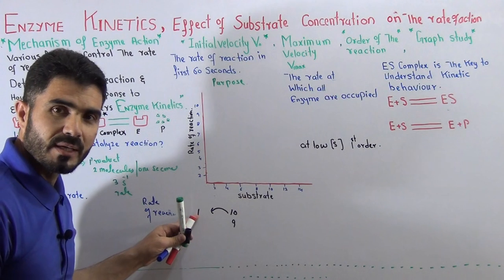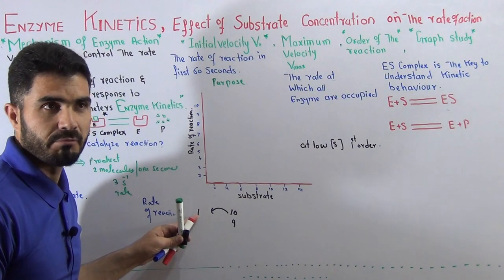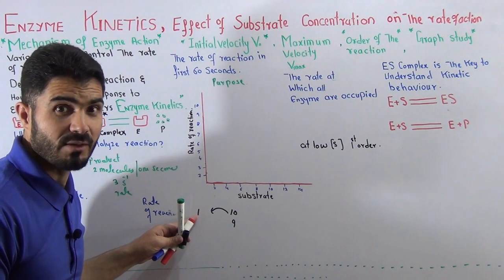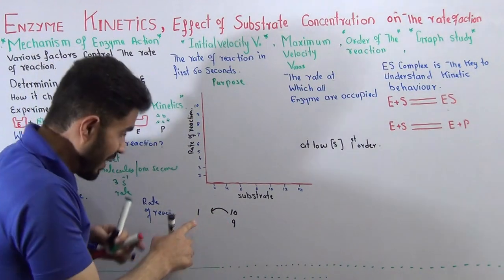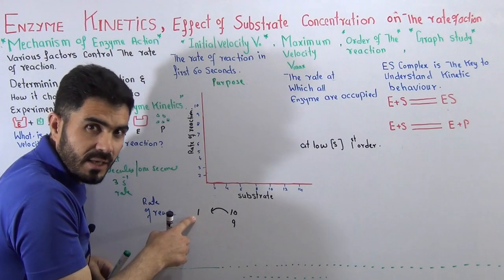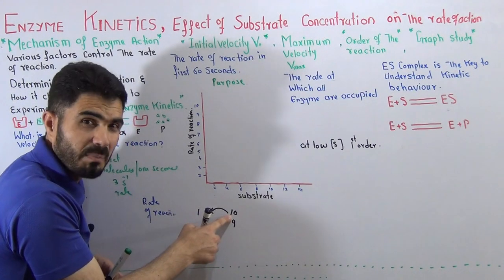This 1 rupee has a very significant value now, because you are taking it from 10. It is a great amount. 1 is relatively a great amount in comparison to 10.